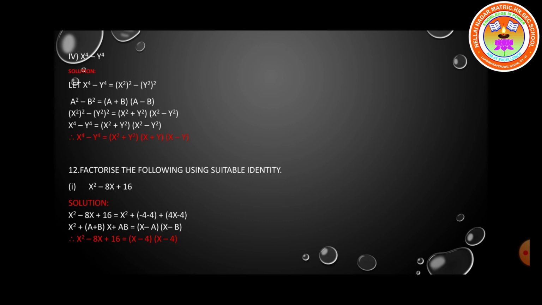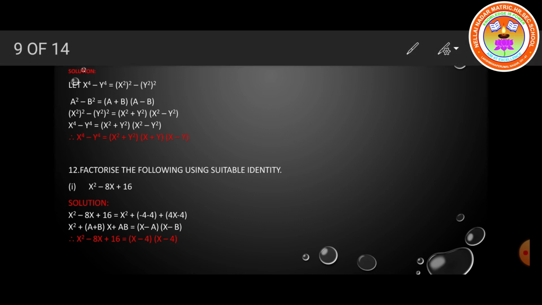Using the format a square minus b square, first we write (x square) the whole square minus (y square) the whole square.